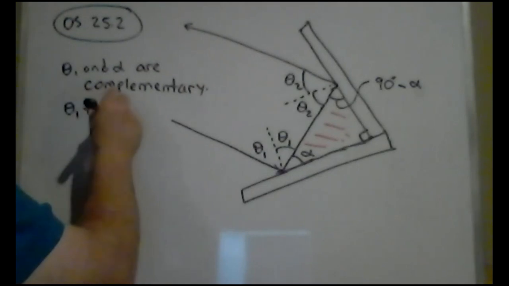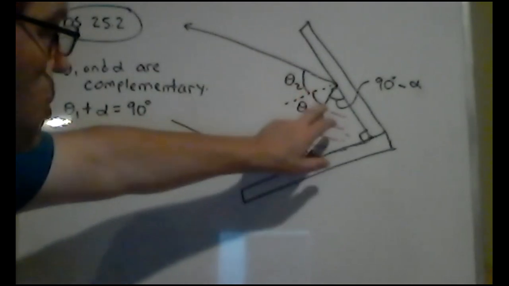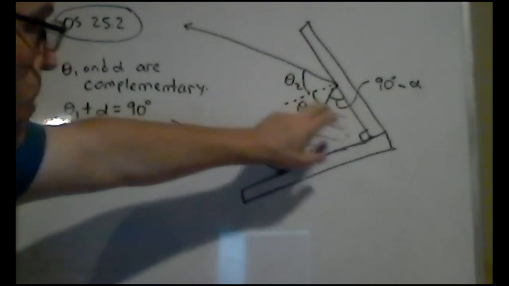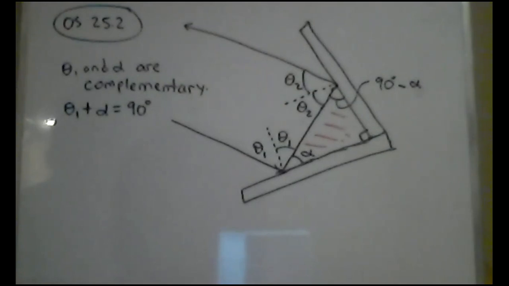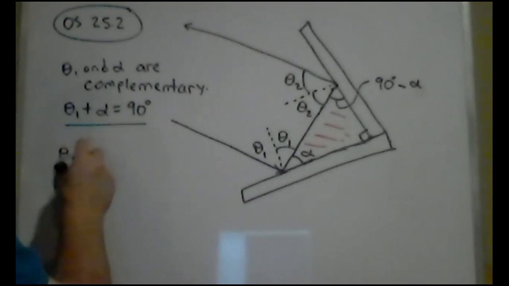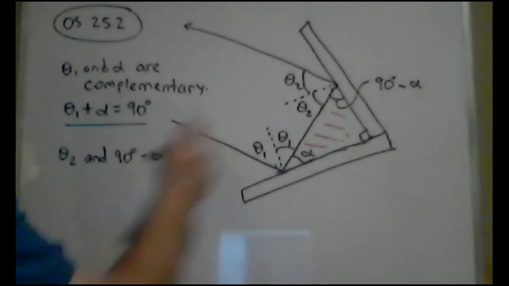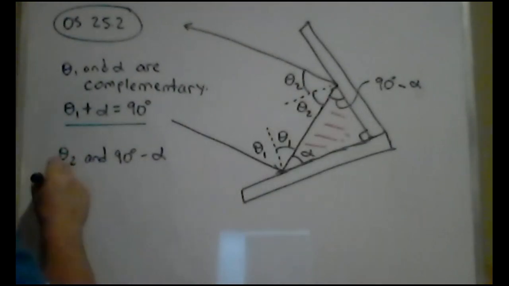So theta 1 plus alpha is 90 degrees. I also know something about up here. I have theta 2 and 90 degrees minus alpha. Well, those are also complementary. So again, we have one result here: theta 2 and 90 degrees minus alpha, up here in this upper vertex, are complementary.